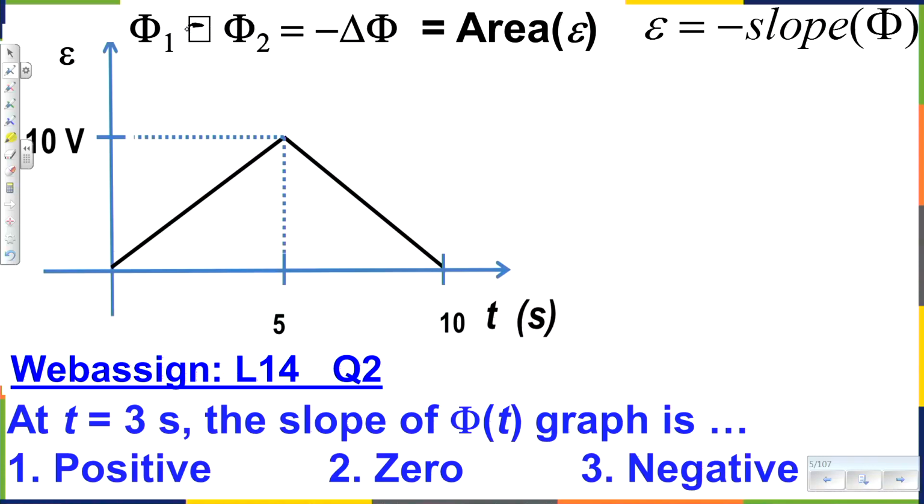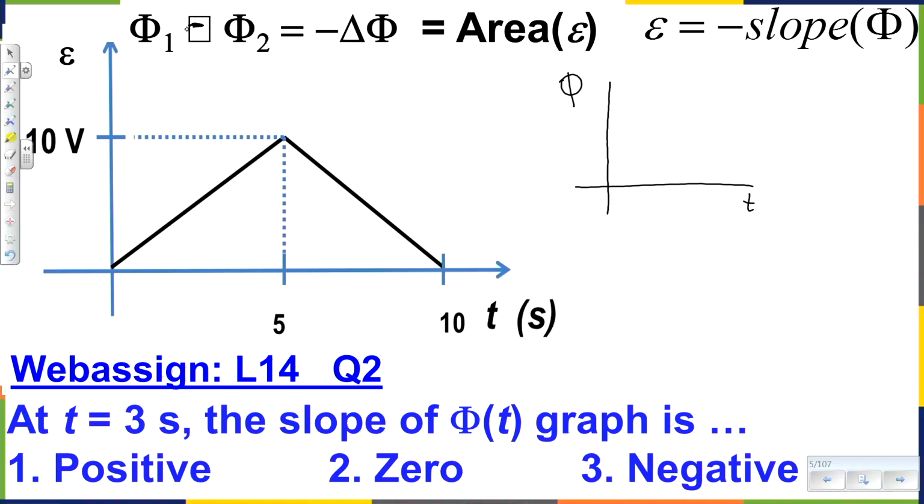The flux is a number. We can always sketch a graph to see if anything is happening to the flux. Maybe nothing. Maybe it's increasing. Maybe it's decreasing. Maybe it is changing back and forth.